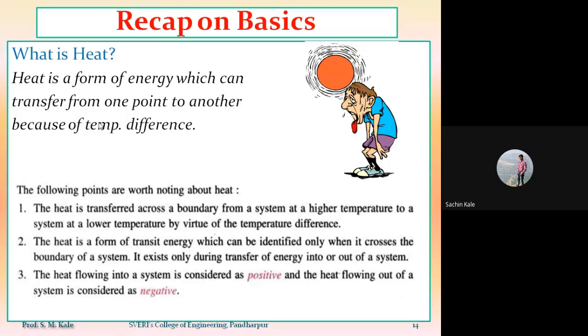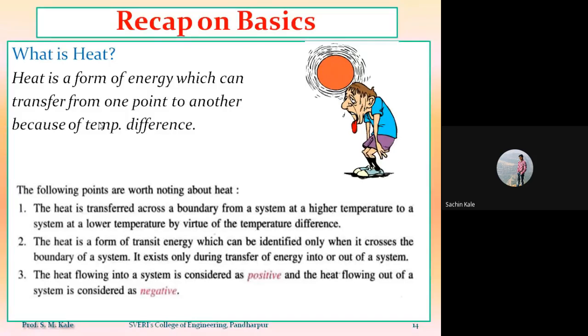So that heat is always identified only at the boundary phenomenon, and the existence of heat will be identified during the transfer of energy into or out of the system. That means there may be heat transfer from the system to the surrounding, or from the surrounding to the system.